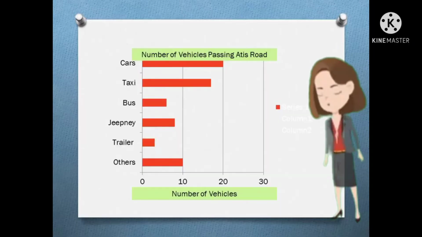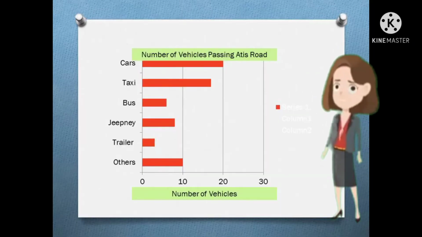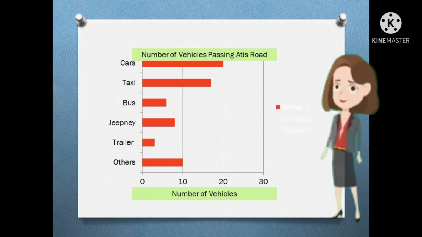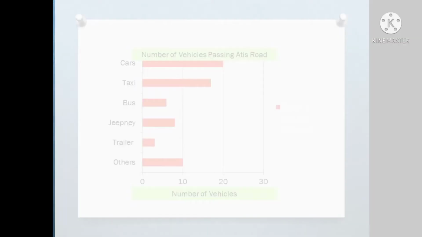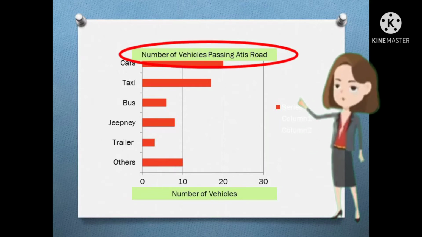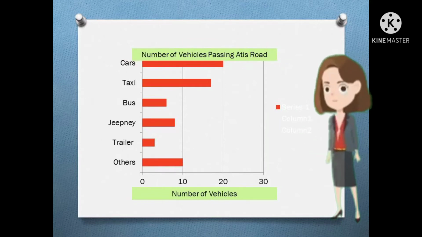Let's interpret by answering the following questions. Question number 1. What is the title of the horizontal bar graph? The title of the horizontal bar graph is the number of vehicles passing at this road.